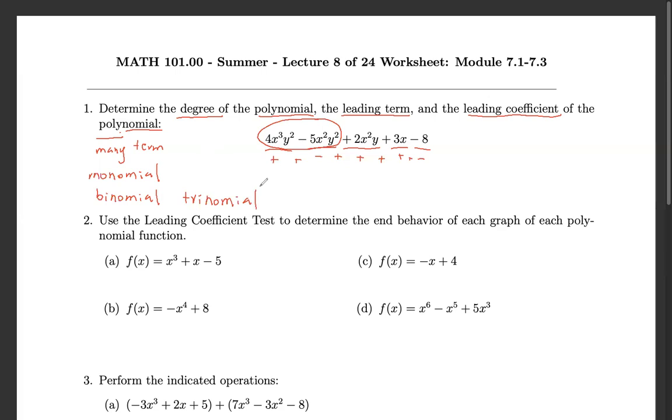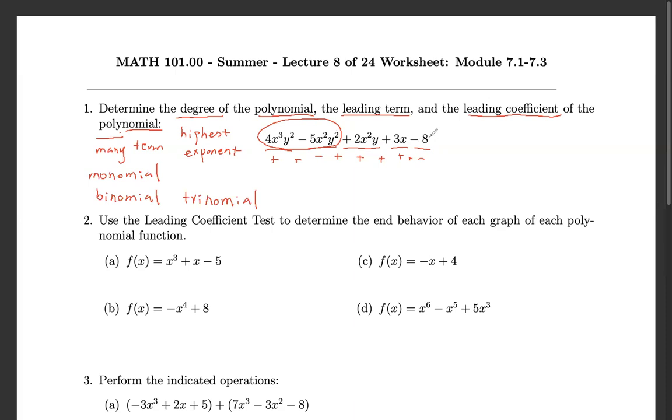When we talk about polynomials, we talk about the degree of a polynomial. What is a degree? Degree is the highest exponent among those terms. So let's start from low.